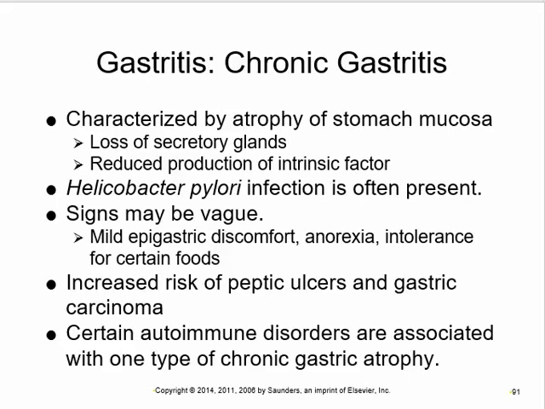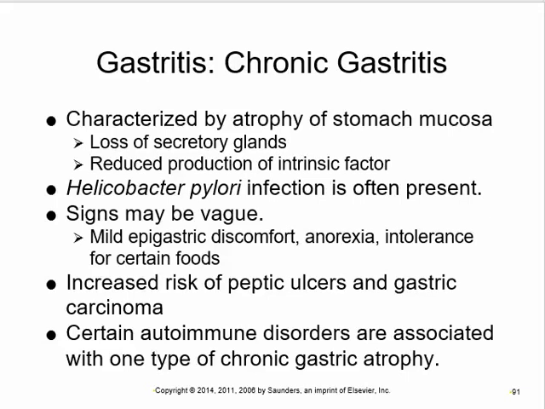Could be vague. Increased risk of peptic ulcers and gastric carcinoma. For ulcers or erosions, and carcinoma is from this chronic inflammation. Autoimmune disorders like lupus can be contributing factors as well.